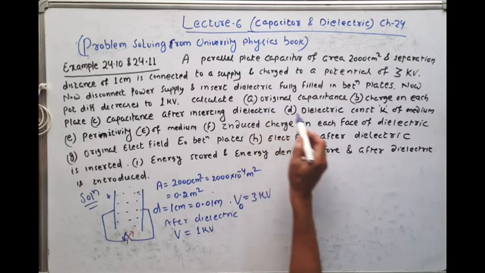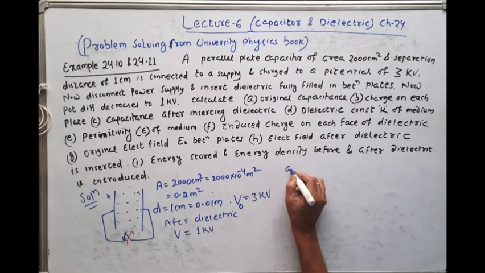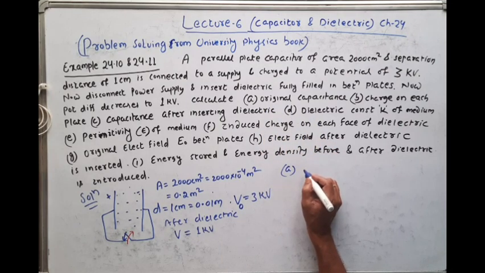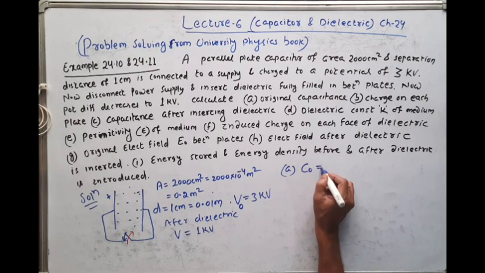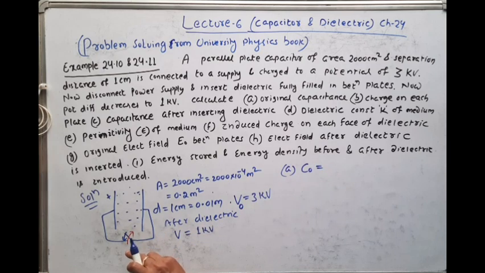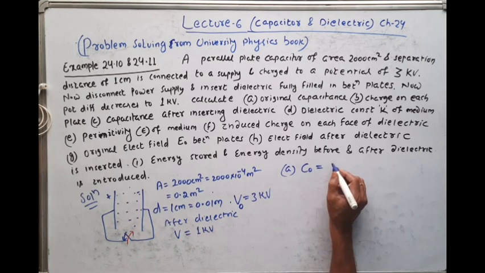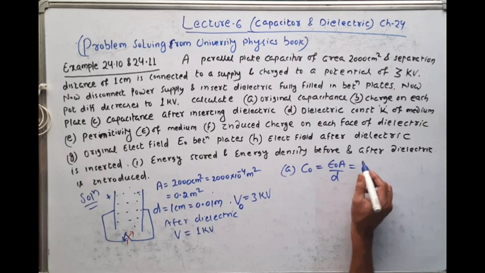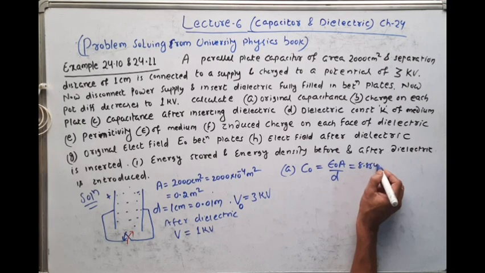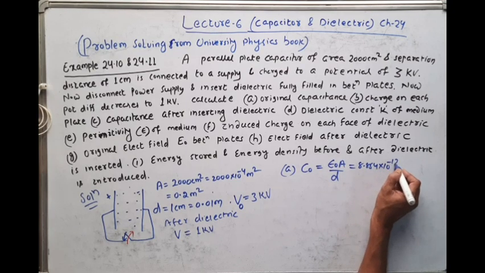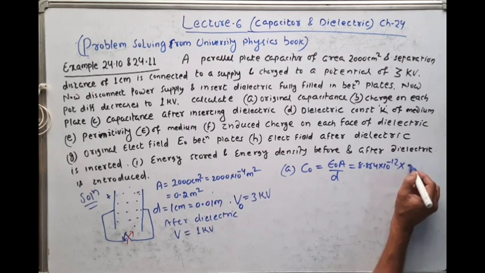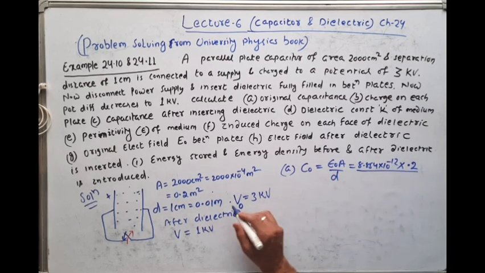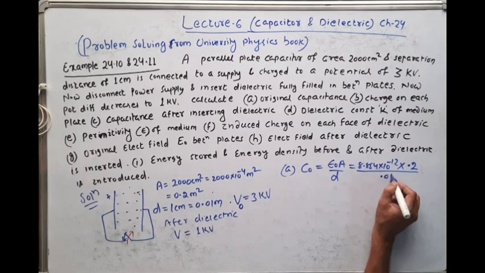First we need to find the original capacitance, that is, the initial capacitance when it is connected to the supply. So C naught is equal to epsilon naught A by D. Epsilon naught is 8.854 times 10 to the power minus 12, area is 0.2 meter square, divided by distance of separation 0.01 meter.